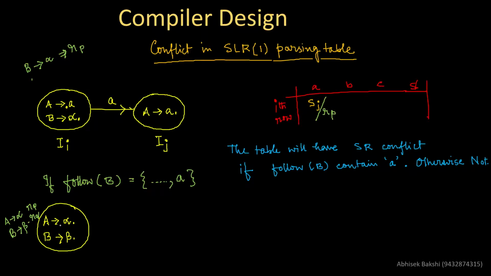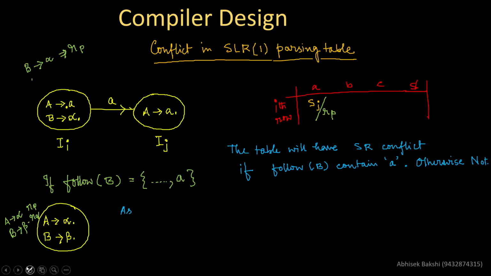So what is the basis of conflict over here? I can say that if you have an intersection between the set that you find for follow of A and follow of B, and you have something in the intersection, then that is the common part. In those common cases only will you have the conflict.